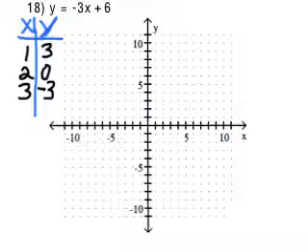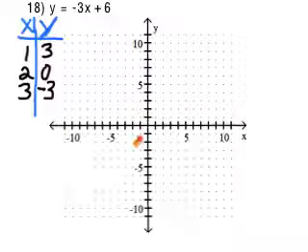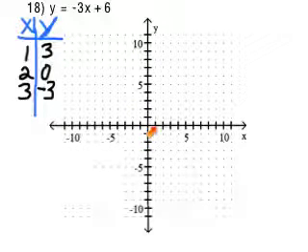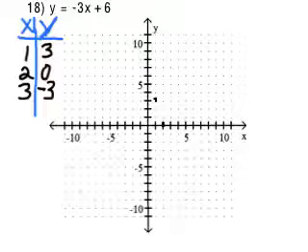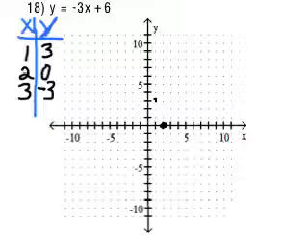Okay, so now we can graph it. We'll plot 1, 3, right there. Okay, 2, 0. It's right on the line. Notice x-intercept, or y is 0, x-intercept. And then we have 3, negative 3. If you're doing a table, it's good to do 3 points so you know that your calculations were correct.